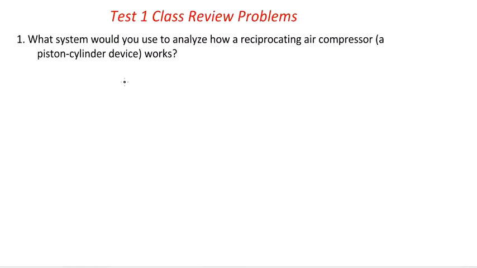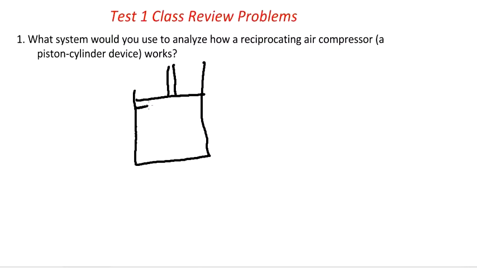Okay, so for this first problem, we have a system that has a piston and cylinder device. From what I understand, that means we've got a piston and a cylinder. In this system, the piston can move up and down.